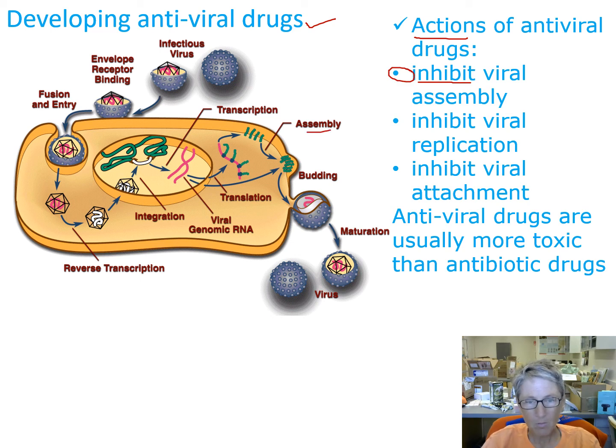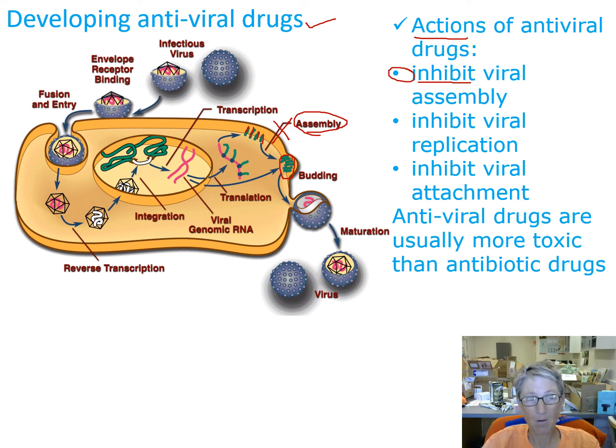So this step here, the virus has usurped the cell's machinery and has made all these protein parts of a virus, and then you assemble them into the virus bud. If you could design a drug that would inhibit the ability of these parts of the virus to assemble, you could inhibit viral replication.